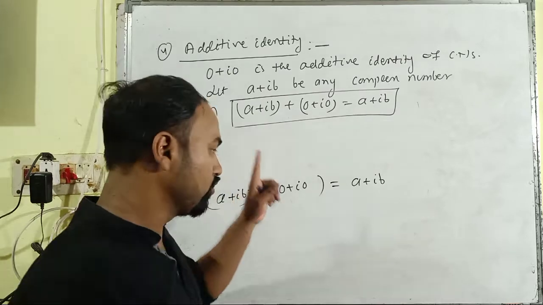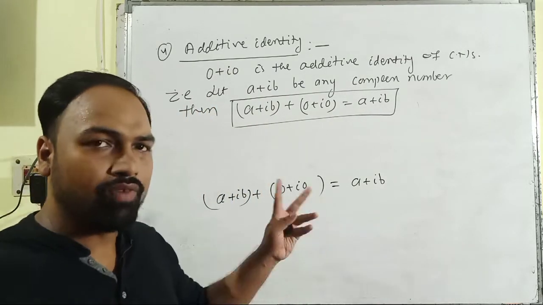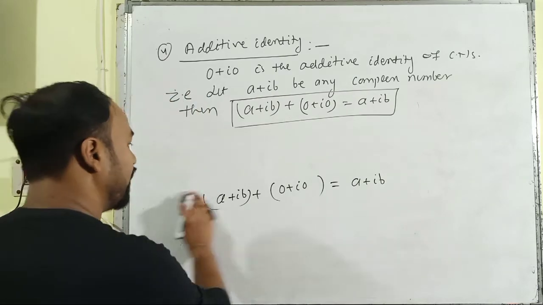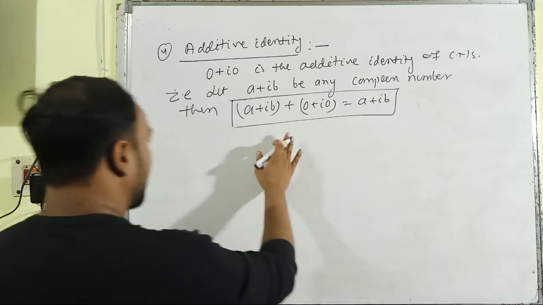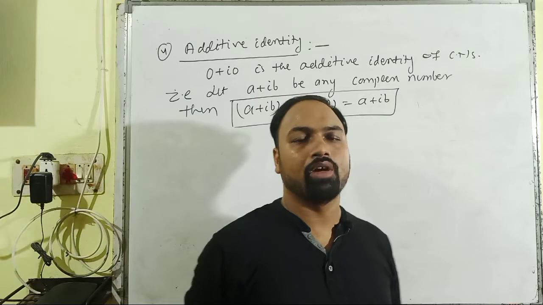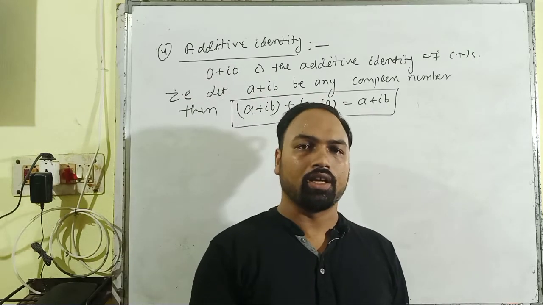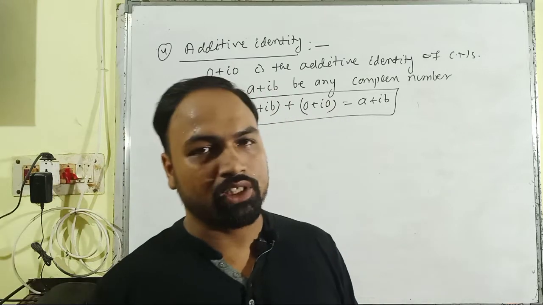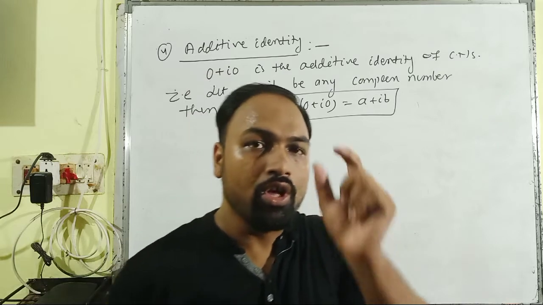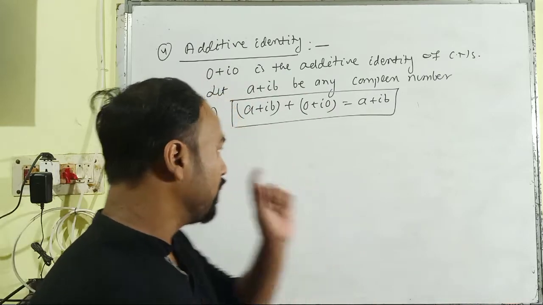We have to find such a complex number that whenever it is added to any complex number, it gives the same result, that is, the given complex number. And here you can see that 0 plus I0 is the unique complex number which is the additive identity. That means you cannot find any second complex number which is the additive identity. So 0 plus I0 is the unique additive identity complex number.